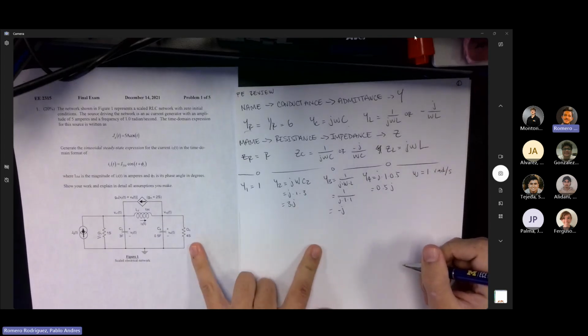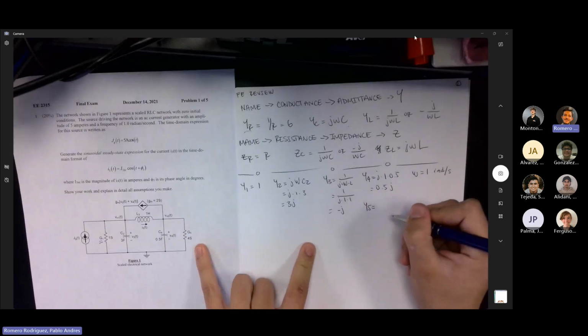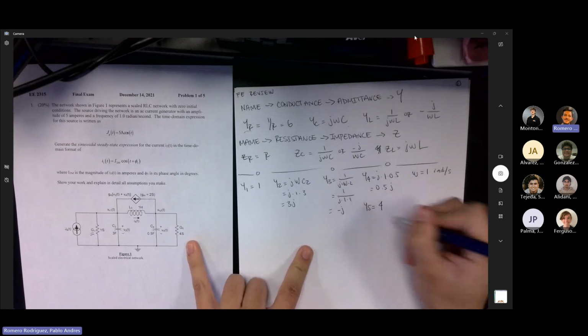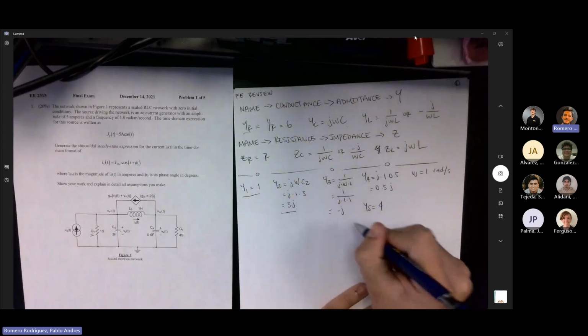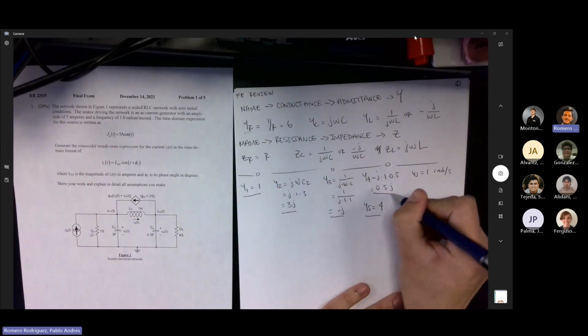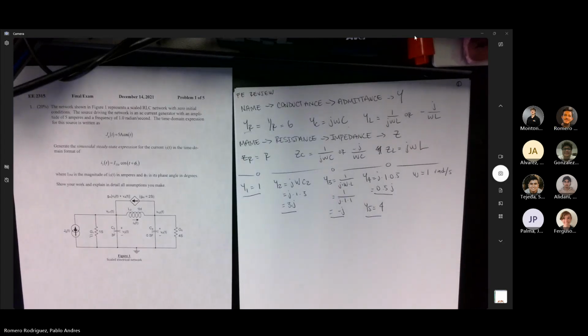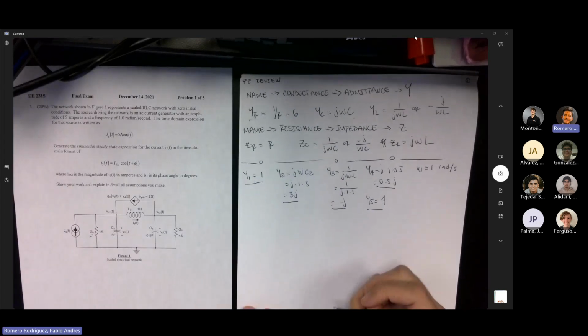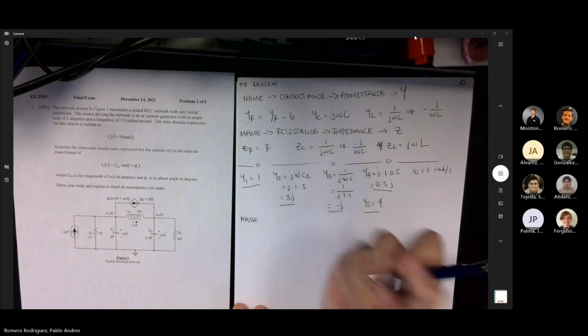And this resistor right here at the very end, Y5, is already in G, so it's just 4. So we're going to focus on those. Now that you have your admittances, you're going to develop your nodal equations.